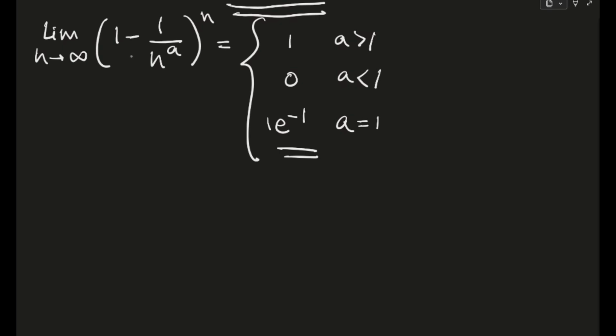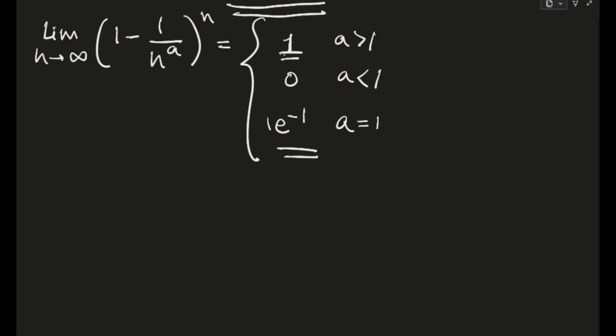So actually it will become 1 minus 1, I guess, power 1 minus 1 equal to 0. And for a greater than 1, this is already becoming too small, the denominator is becoming too big, so the fraction is becoming too small, so in that regard this will be 1.